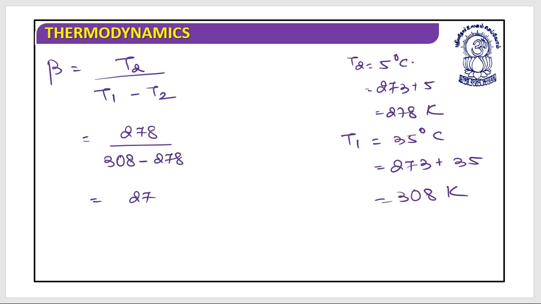This is simply 278 divided by 308 minus 278, which is 30, so this is simply 278 divided by 30, which will give me approximately 9.2, and this is the coefficient of performance of this refrigerator. I hope this is clear. Is it clear? Shall I keep on moving with adding some data? Let's have a look.